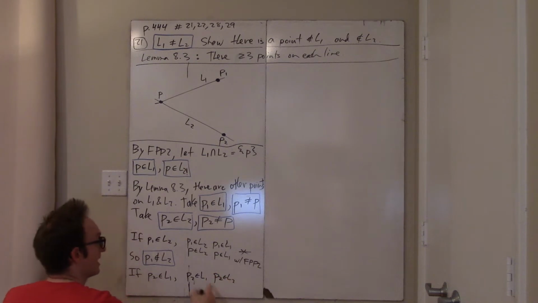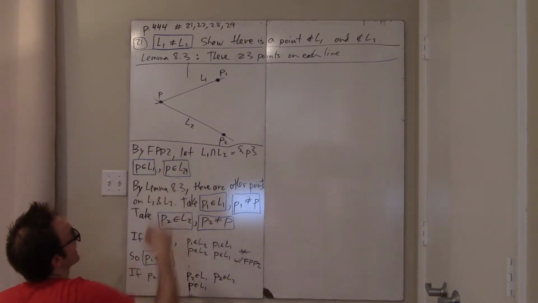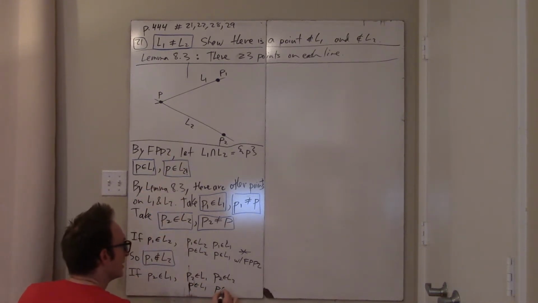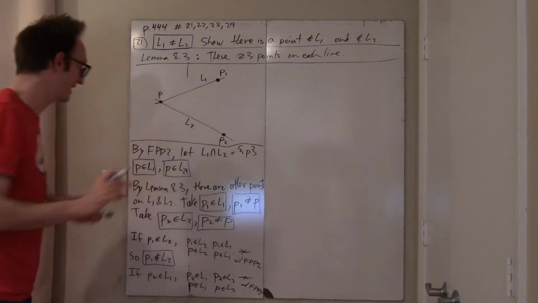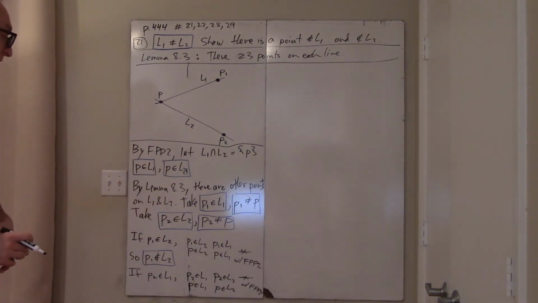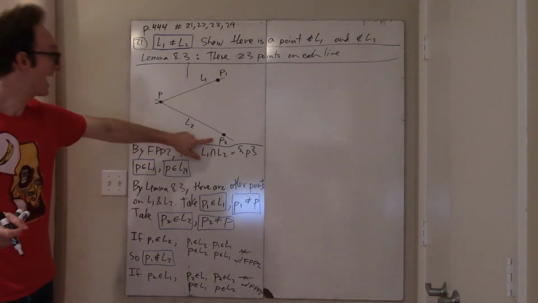And since P is on L1 and P is on L2, then once again this is a contradiction with FPP2.